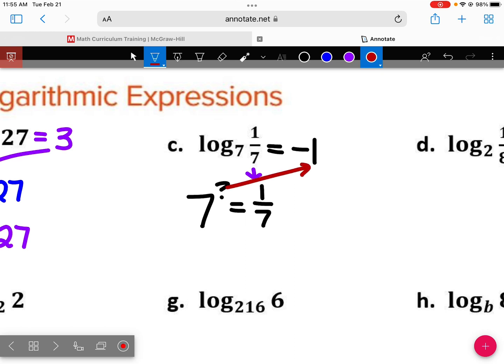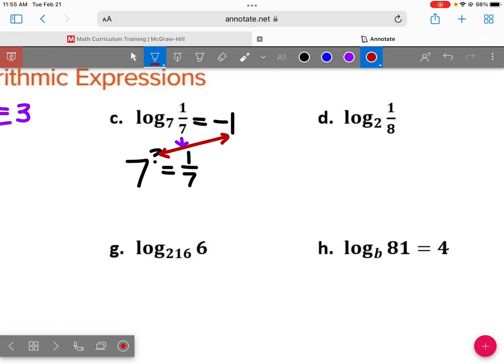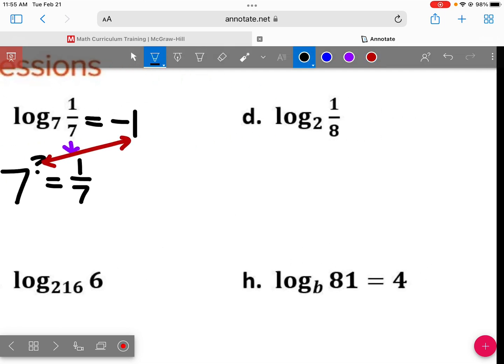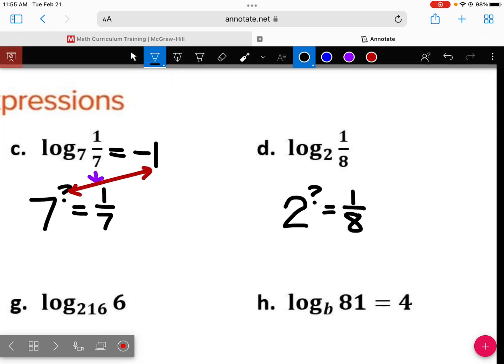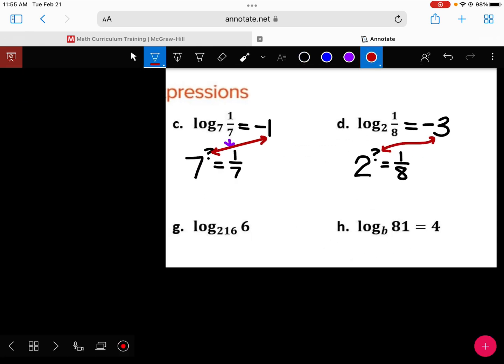That missing exponent would be a negative 1. What about the next one? 2 to what power gives me negative what? Negative 3. That missing exponent would be a negative 3.